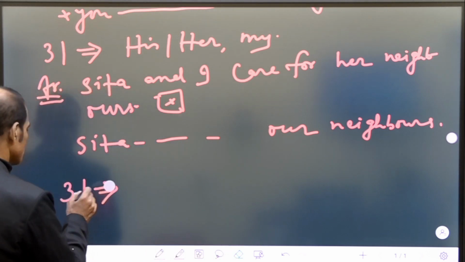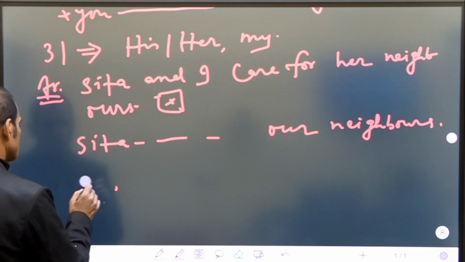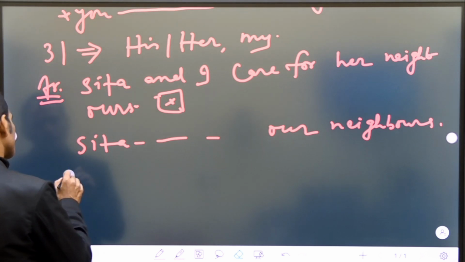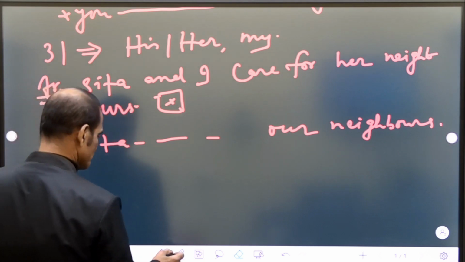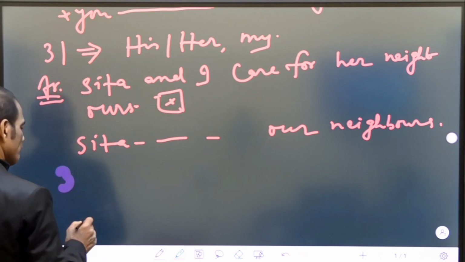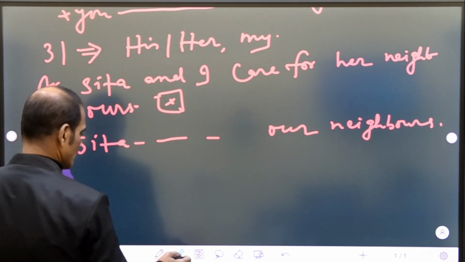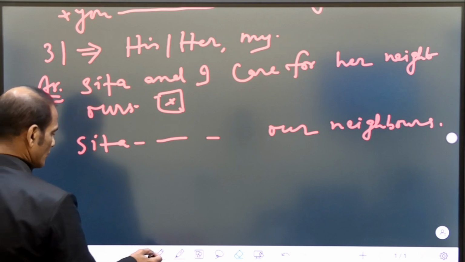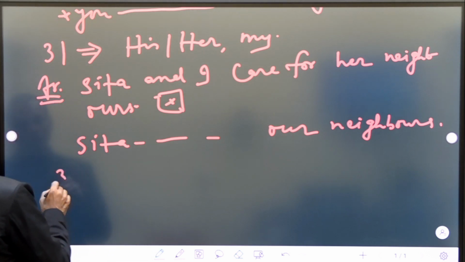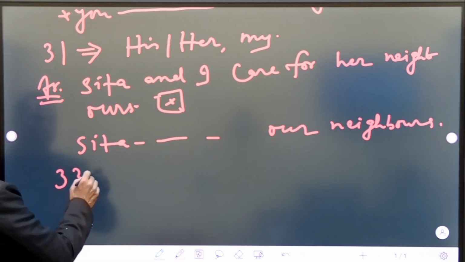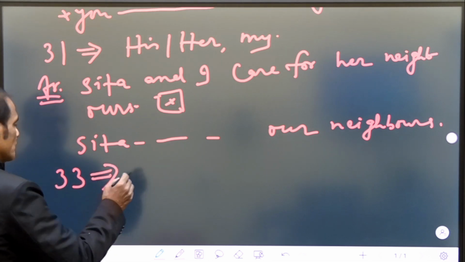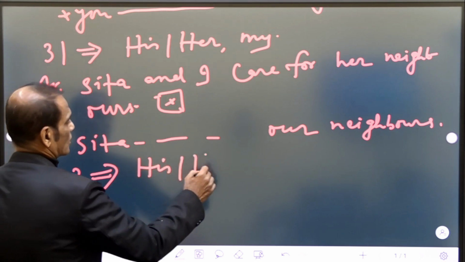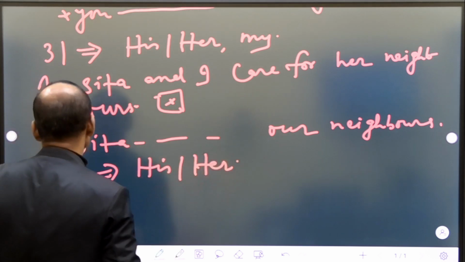Actually, here should be third person, you mean 3. So in case of 3, if here is his or her, then this is error.